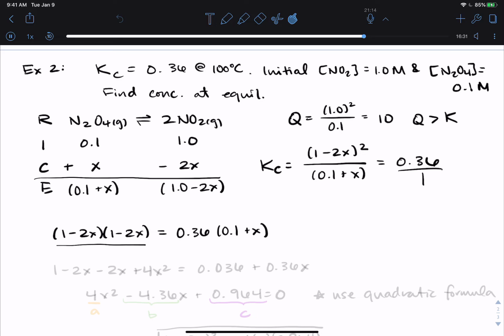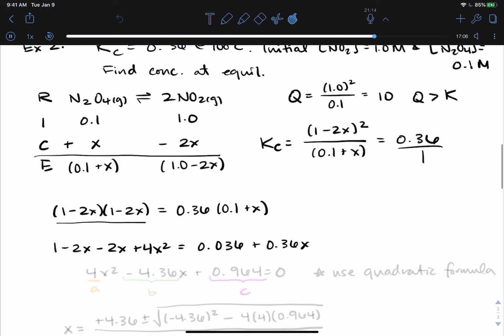There are techniques that can help you. If this is something that you struggle with, please ask me and I can point you in a direction that has some good resources. So if I expand this, what I have is 1 minus 2x minus 2x plus 4x squared equals 0.036 plus 0.36x.